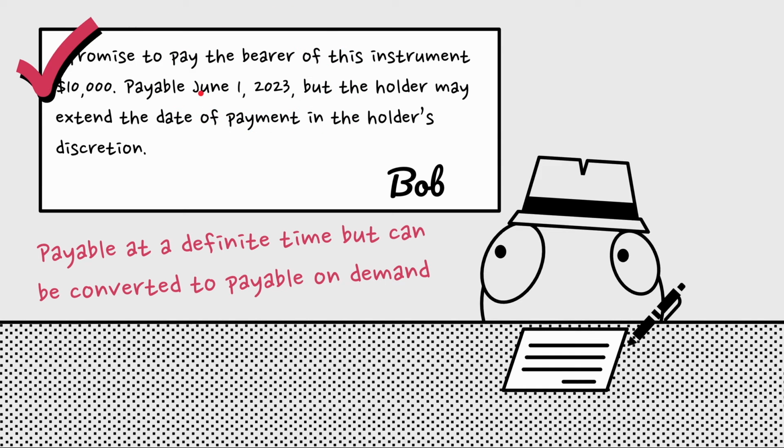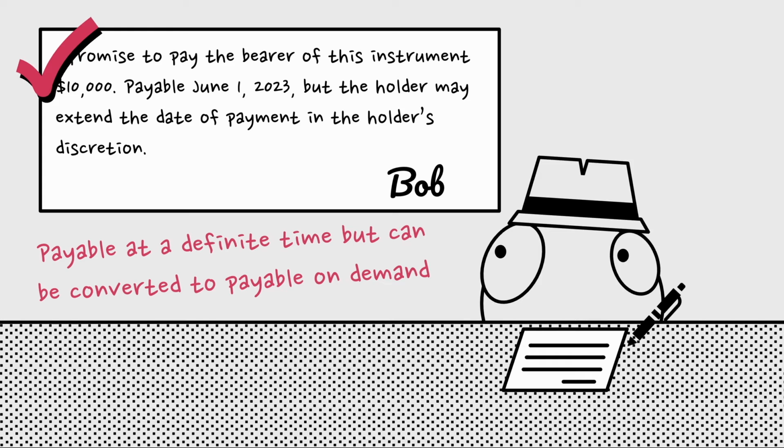So it's payable at a particular time, and then it gives the current holder of the note the ability to extend the date of payment, to show grace to Bob if it wants to. And that's fine because the person currently holding it is the one that controls that. So in essence, they can convert it to a form of a payable on demand, right? Saying, I'm extending, but only to this date, or I'm extending and then I demand that you make payment, right?